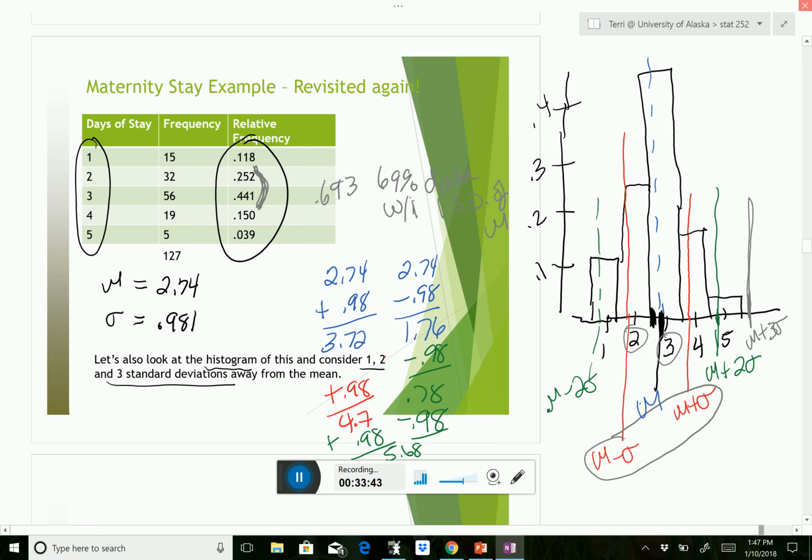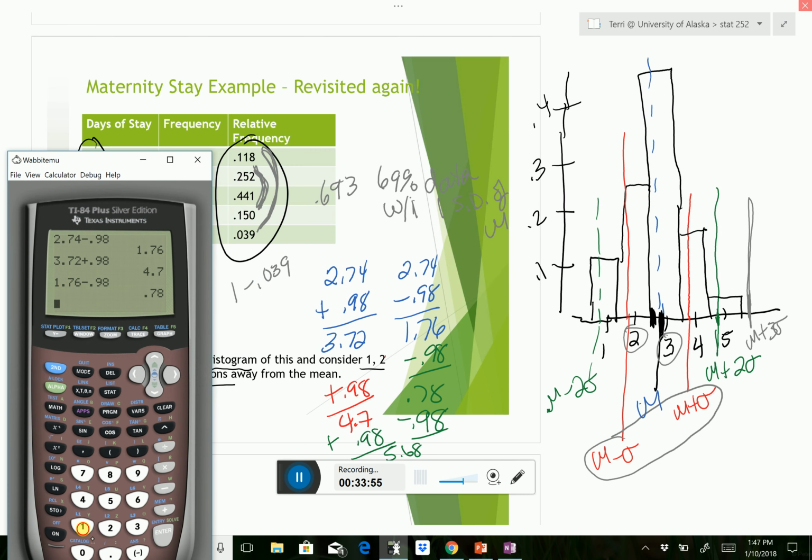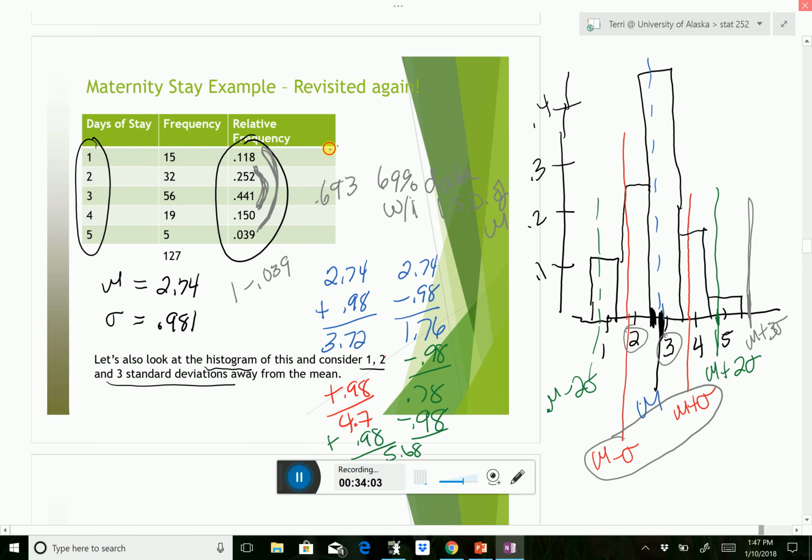So then I look at 2 standard deviations away. I covered 1 now and 4. So I've covered everything but this last one. So what's 1 minus 0.039? I think we already did this. 1 minus 0.039. That is 96. So 96.1% of my data is within 2 standard deviations.